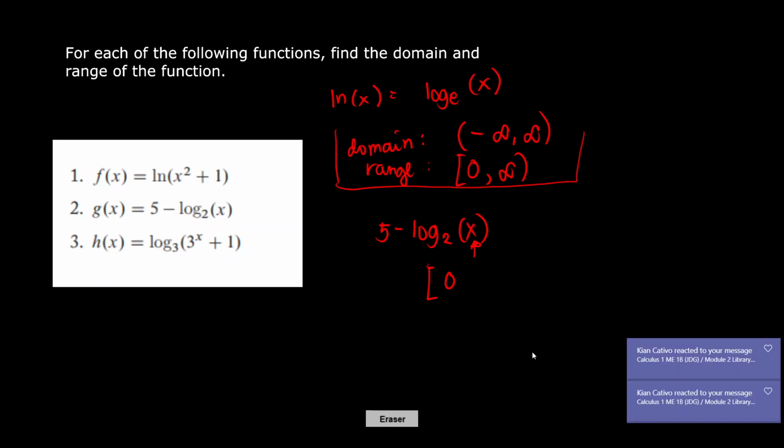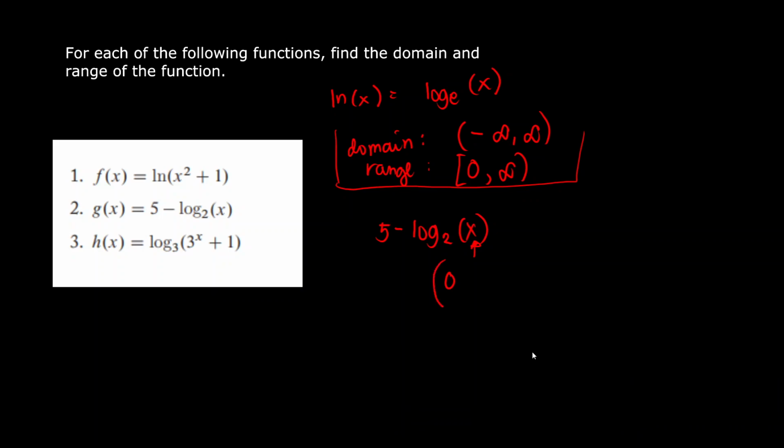So, dapat greater than 0. So, from 0, hindi kasama yung 0 ha. Greater than 0 tayo, 0 to positive infinity. So x should be greater than 0, not greater than or equal, but greater than 0. And then, ang range niya is from negative infinity to positive infinity. Kasi kahit anong ilagay mo naman dyan, okay lang. Tataas siya.